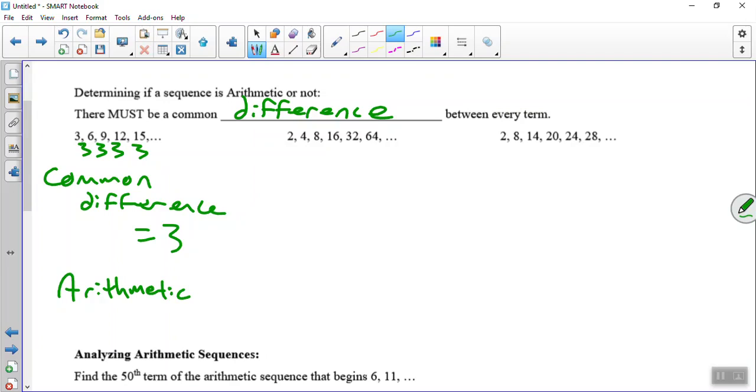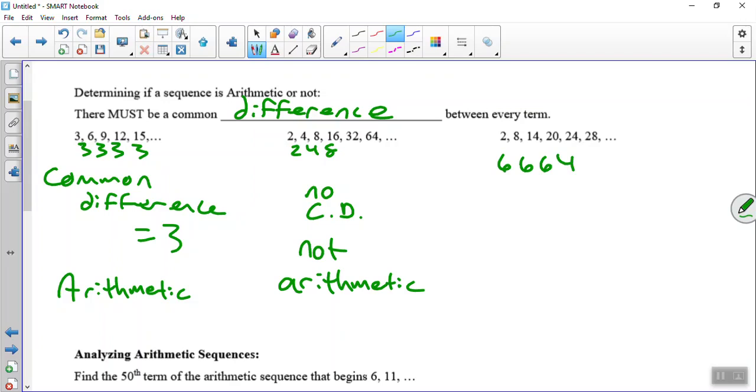Okay, go ahead and try the next two. All right, so let's look at these.